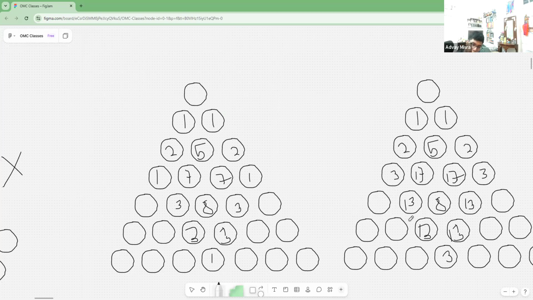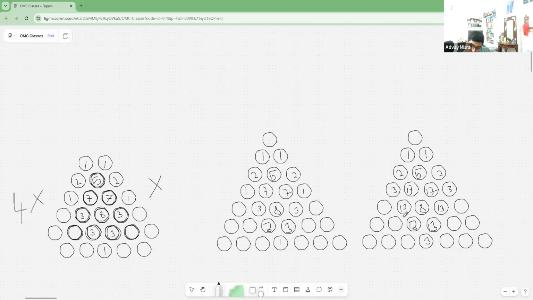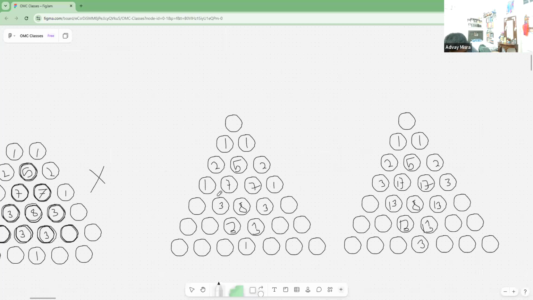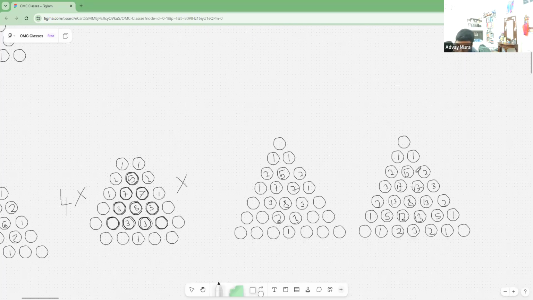I wonder if there is some connection to the Fibonacci numbers. Yes, all the numbers here are Fibonacci numbers, which is interesting.